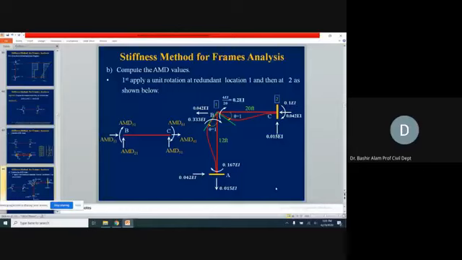Next, we need to generate the AMD matrix. We go to the member and to the location where we generated the first column of the stiffness matrix. So AMD11 now is how much? This is to the left, so for BC it will become to the right. To the right means it is in the same direction, so it will become 0.042.